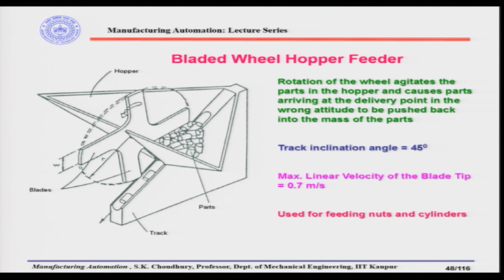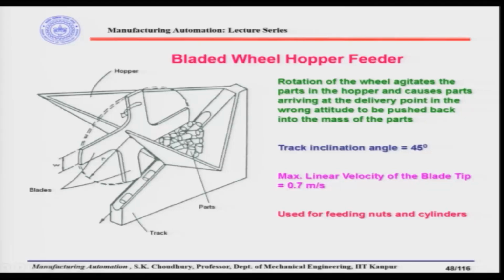So, a part which is not in the right attitude will not be nested properly in the slot, and therefore, while the blade rotates, it will take it off the track, because it will be protruding out, not sitting or nested in the track. That is the reason why the wrongly oriented parts will not come through the slots of the track.